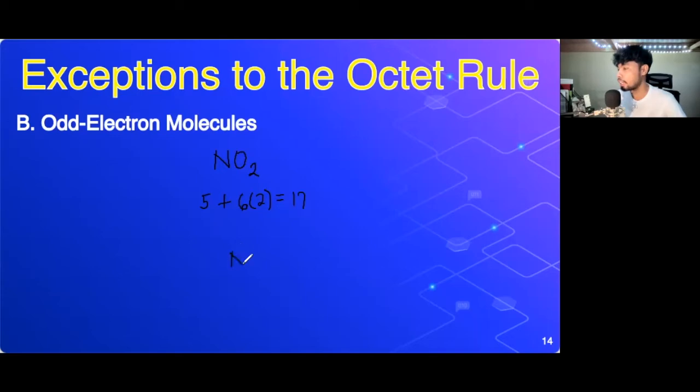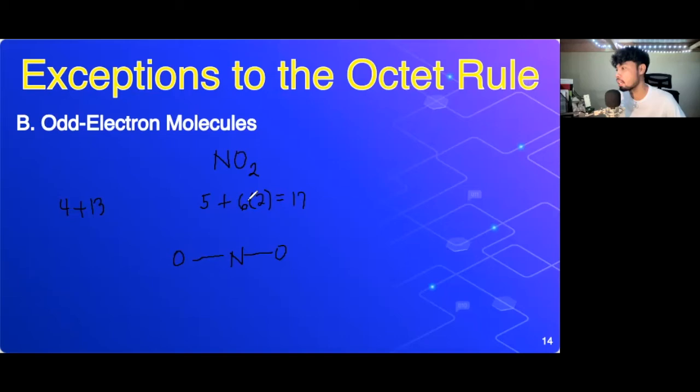Nitrogen is the central atom surrounded by 2 oxygen atoms. So this is the skeletal structure for nitrogen dioxide. Since we have 2 single bonds in the structure, we already have 4 electrons. And we need to distribute 13 more electrons in our structure.